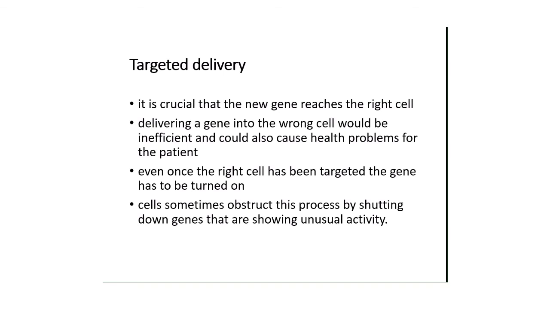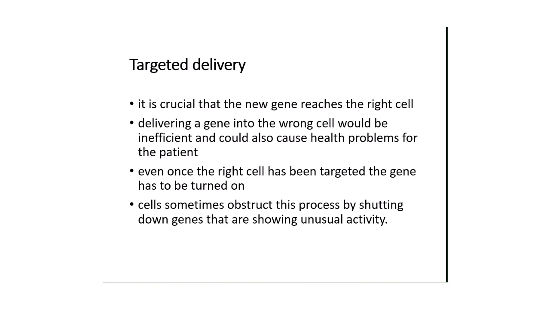Even when the gene gets to the right cell, they have to be able to act on the right gene. You have to be able to turn on the gene, and sometimes in order to turn on the gene, you have to insert the gene, and we need it to be inserted into the right place. We don't want it to insert into the middle of another gene, right? And that's going to be problematic.